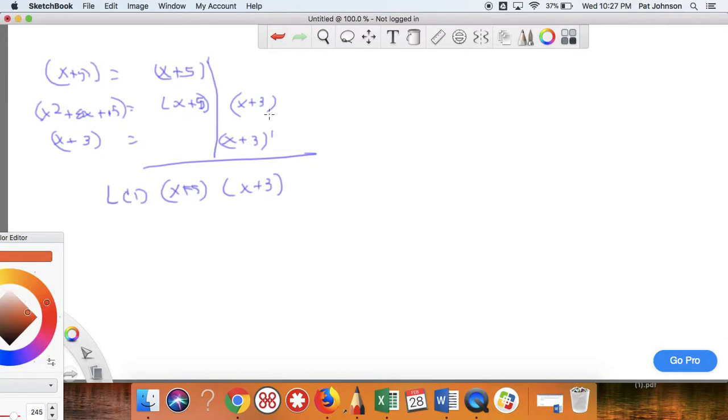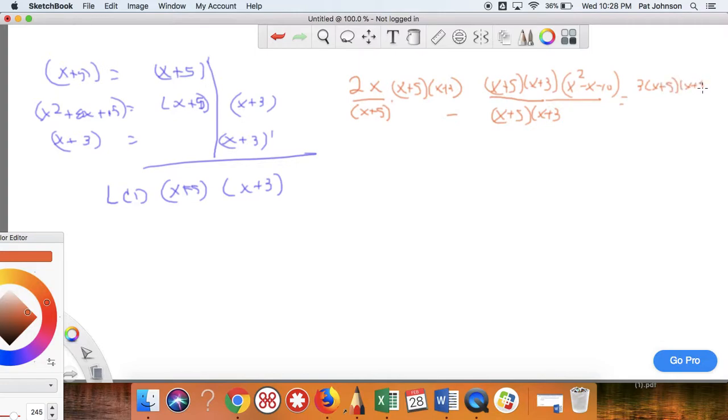So if I take my equation, which was 2x over x plus 5, minus x squared minus x minus 10 over x squared plus 8x plus 15, equals 3 over x plus 3, and multiply by the LCD, x plus 5 times x plus 3, I just distributed the LCD.